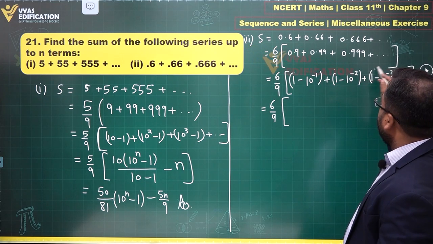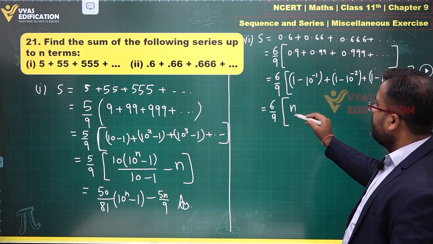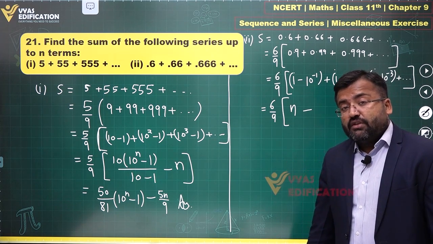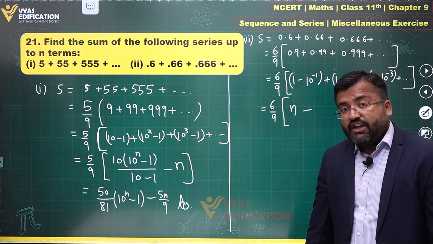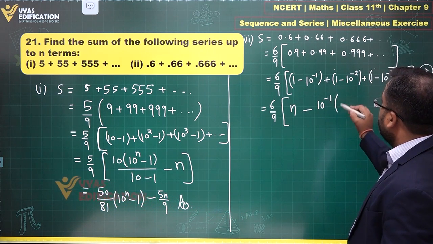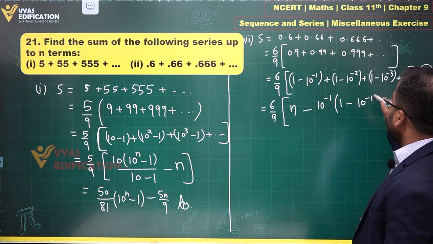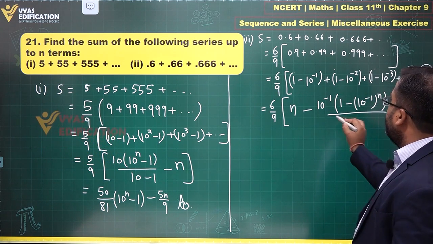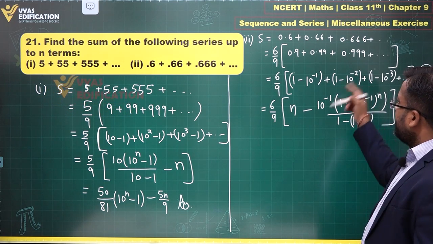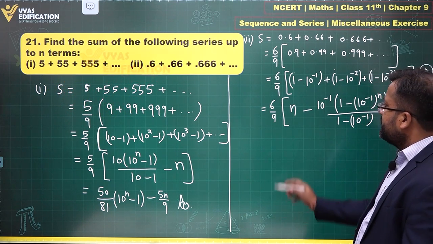This 1, 1, 1 will add up n times and this will become n, minus you have 10 power minus 1, 10 power minus 2, 10 power minus 3. The common ratio is 1 upon 10, which is 10 power minus 1. The first term is 10 power minus 1. The common ratio 10 power minus 1 raised to power number of terms, upon 1 minus 10 power minus 1 is what you get. That's the complete summation of the second terms.